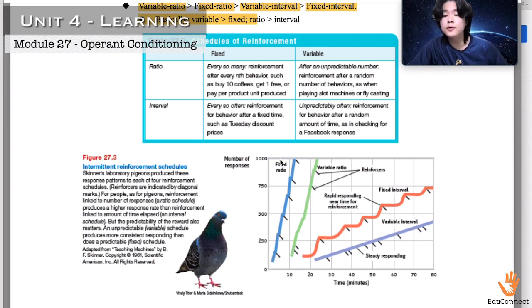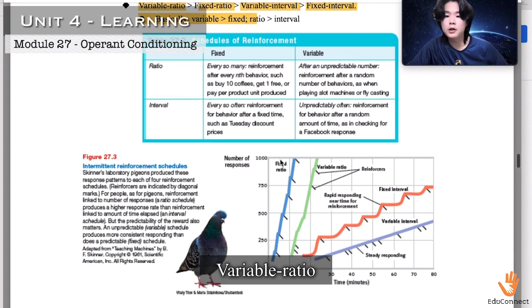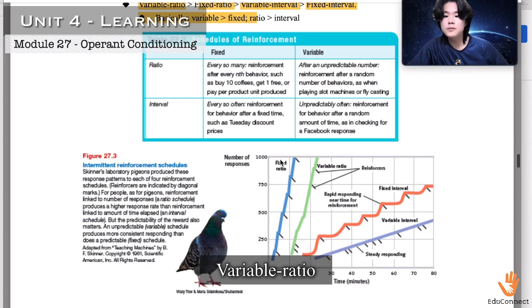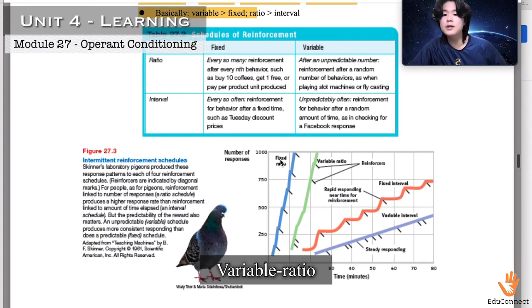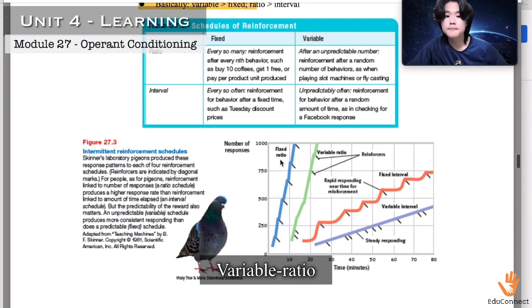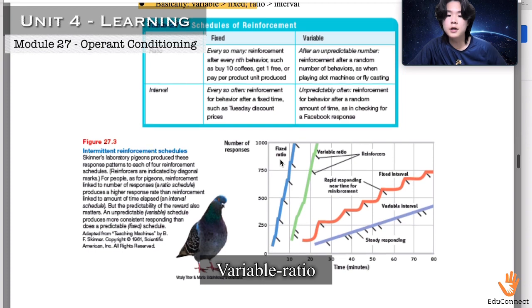An example for a variable ratio is reinforcement after a random number of behaviors, as when playing slot machines in a casino or fly casting. And fixed interval is when reinforcement for behavior is given after a fixed time, such as Tuesday discount prices.